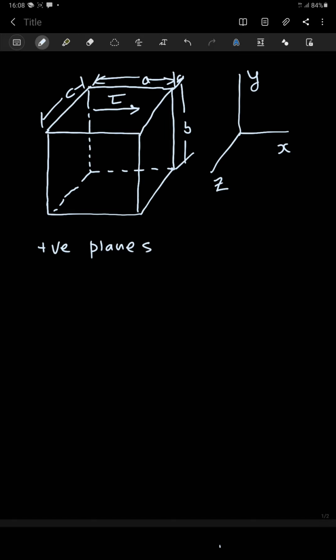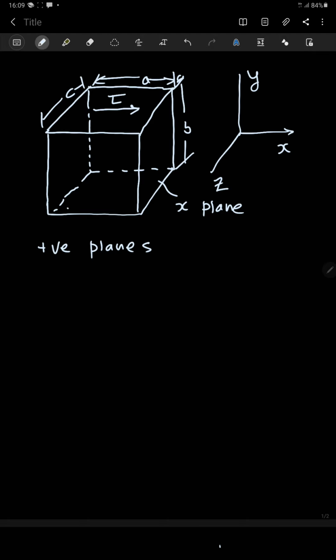For example, for the X axis the perpendicular face is this, so this is the X plane, but the plane which is on the positive side, the right hand side, is called the positive X plane. So this is a positive plane.